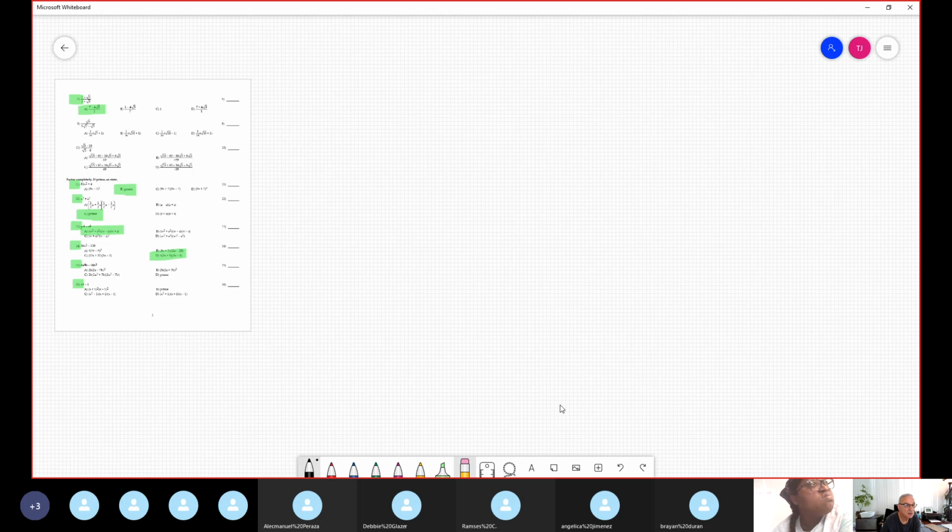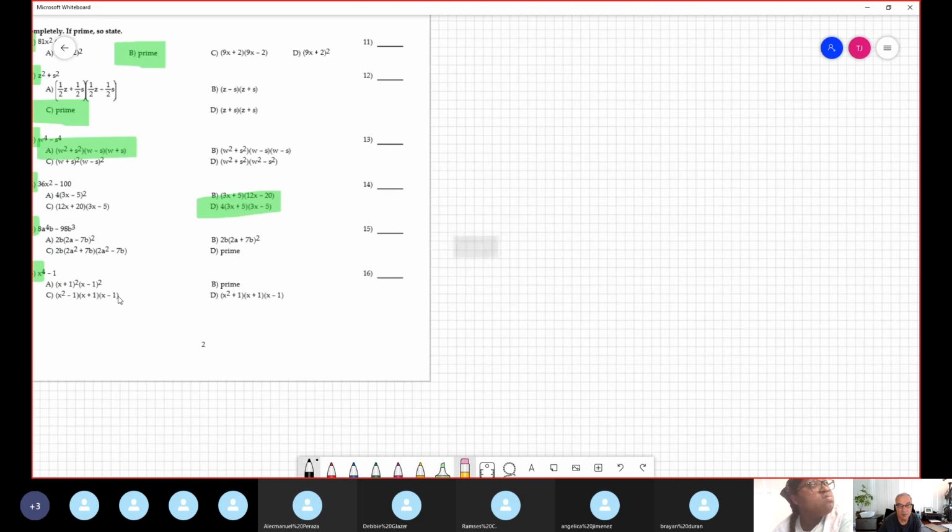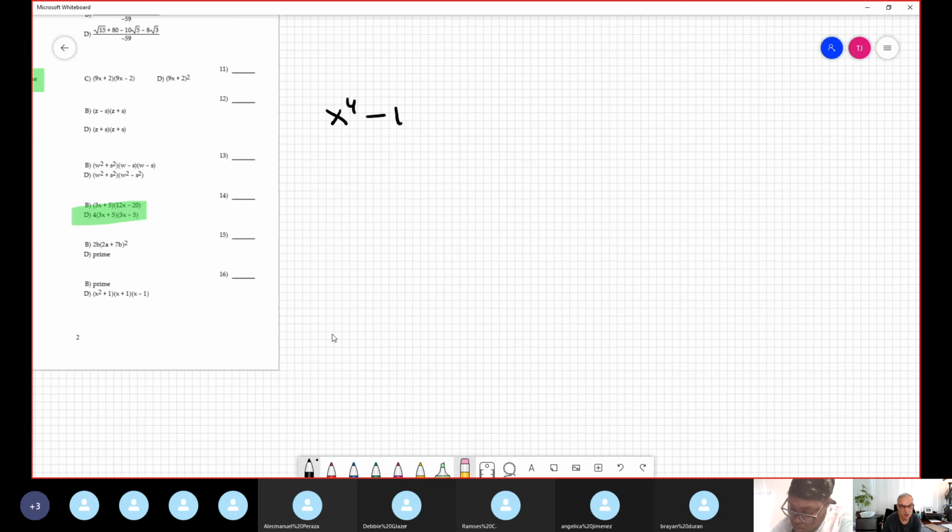Okay, let me see, I don't see very well. Oh, x to the 4th power minus 1. Again, a difference of squares. It doesn't matter if it's 2 or 4, it's an even number, it's a square. So the factorization is to open two parentheses: x squared and 1, plus or minus.